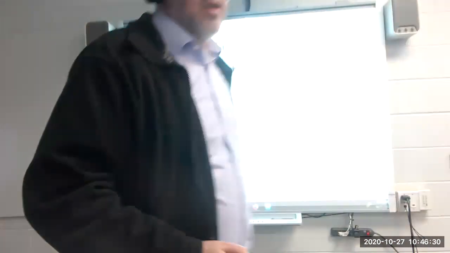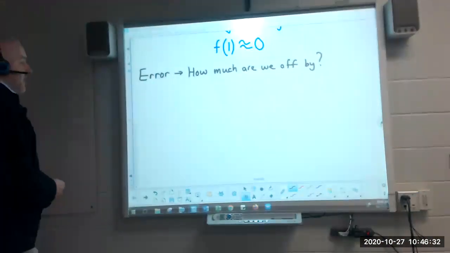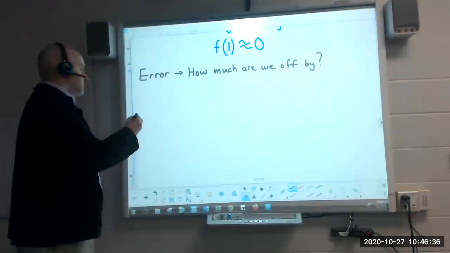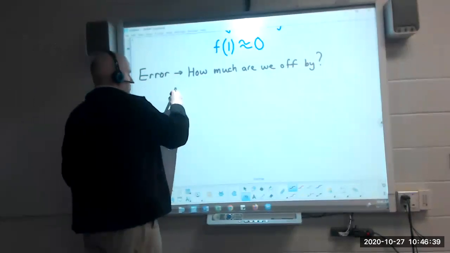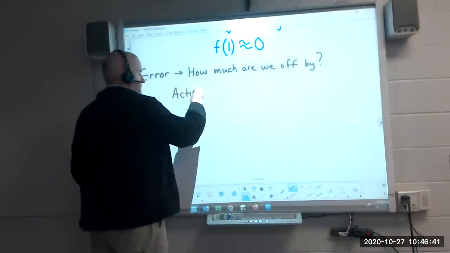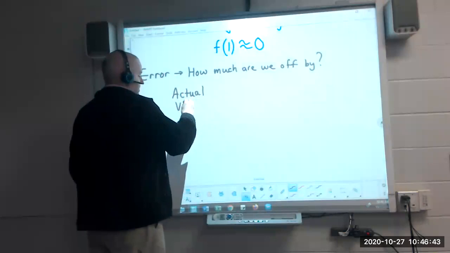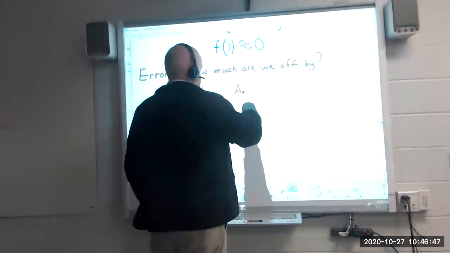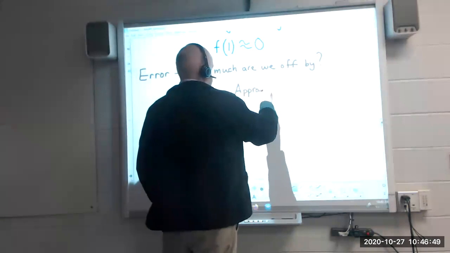We're not talking about experimental error versus whatever error. We're just going to talk about error. So if you're calculating error, we're talking about the difference between whatever your actual value is and your approximate value.